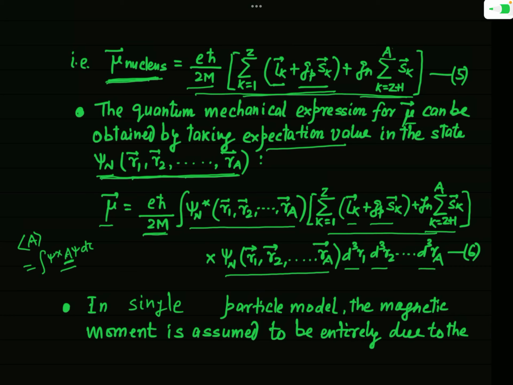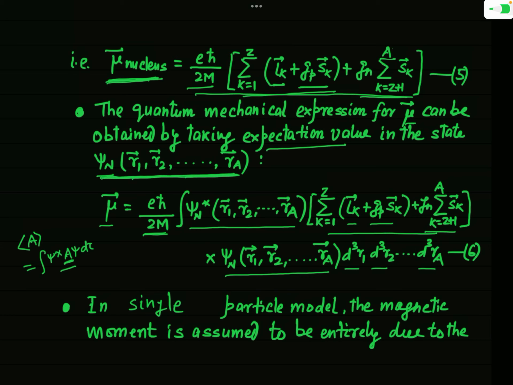So this equation 6 is simply the quantum mechanical expression for the magnetic moment of a nucleus, which represents the expectation value of this mu in the state psi n r1 r2 and so on to ra.